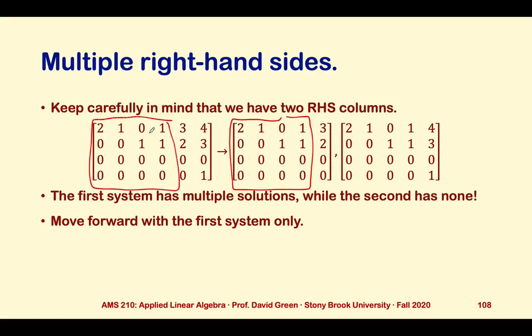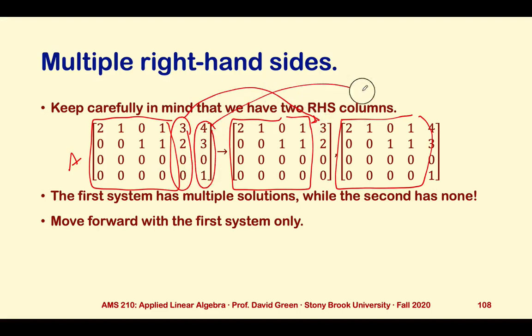This first block is A. And all I've done here is taken this B1 column and put it there. And this one goes over here. Separate this out into 2 standard augmented matrices with just a single column. And now let's take a look at these 2.